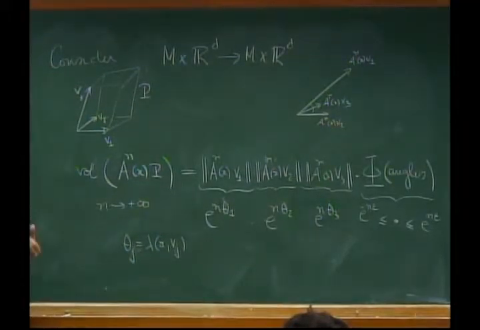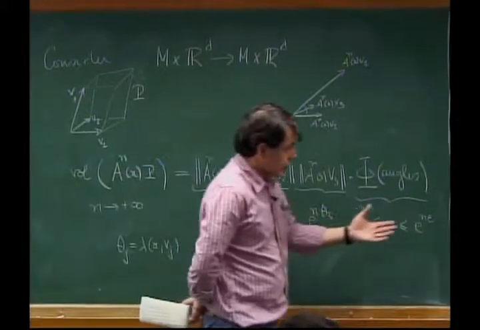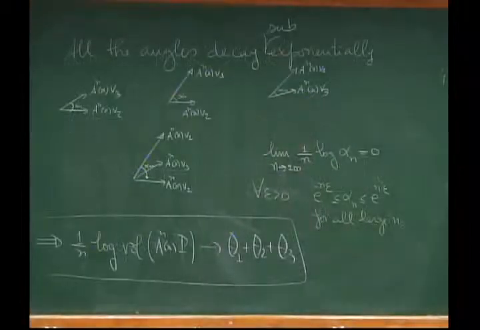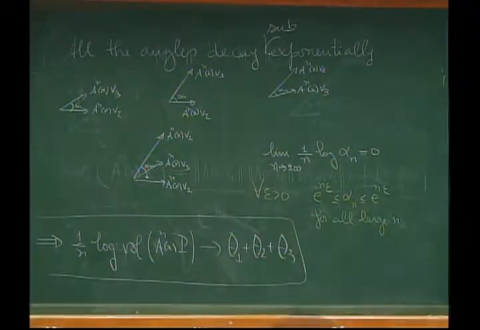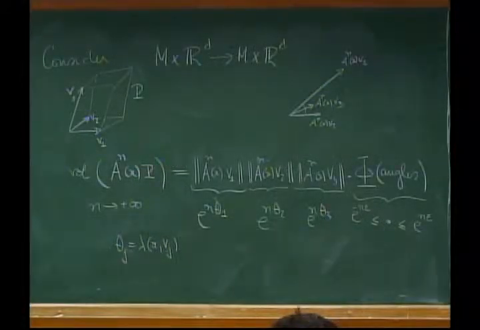What are the possible values of this limit that you can get? Well, the answer is the possible values are the possible sums of 3 Lyapunov exponents without the right to repeat, because the v_i's are linearly independent. Otherwise, the parallelogram doesn't make sense.